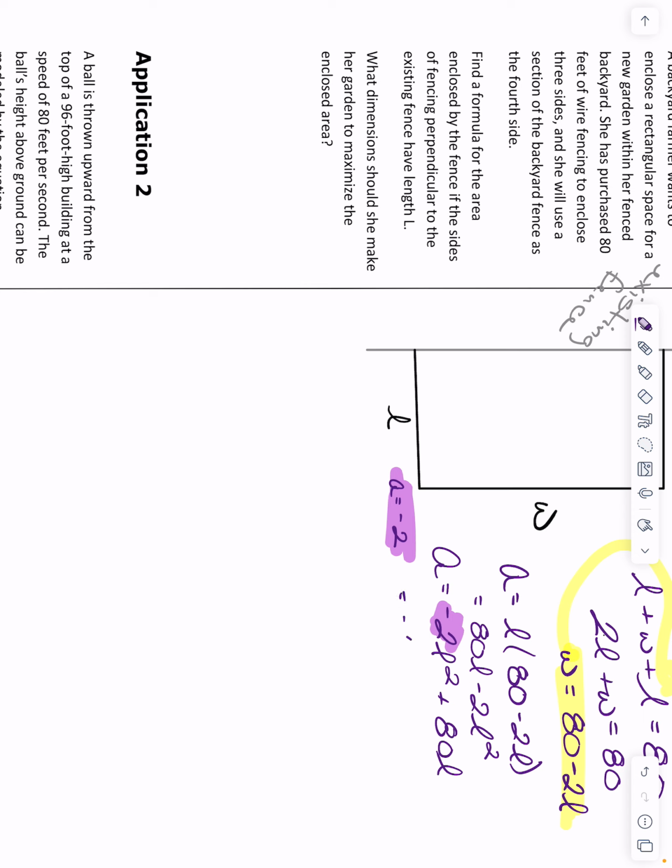I'm going to go ahead and factor out negative 2L and see if I can make this a little more useful. So this equals 0, and we'll talk about why we're setting it equal to 0 in a minute, when L equals 0 or L equals 40.